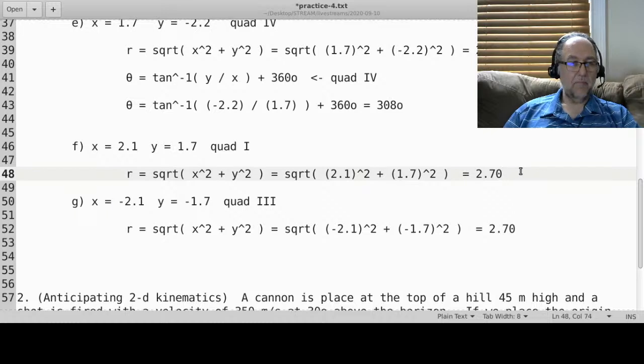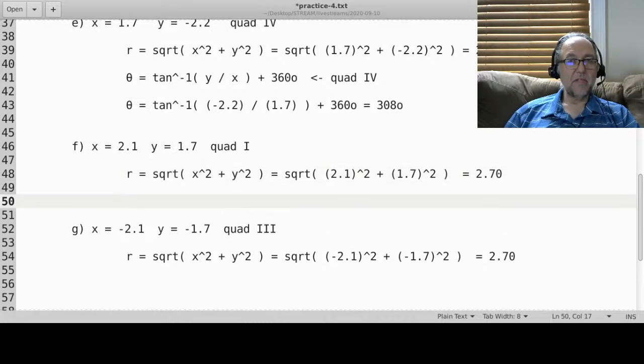Let's do the angle. The angle for this one is going to be the inverse tangent of y over x. And because we're in quadrant 1, we don't add anything. So you could think of it as add 0 degrees, but adding 0 degrees is nothing.